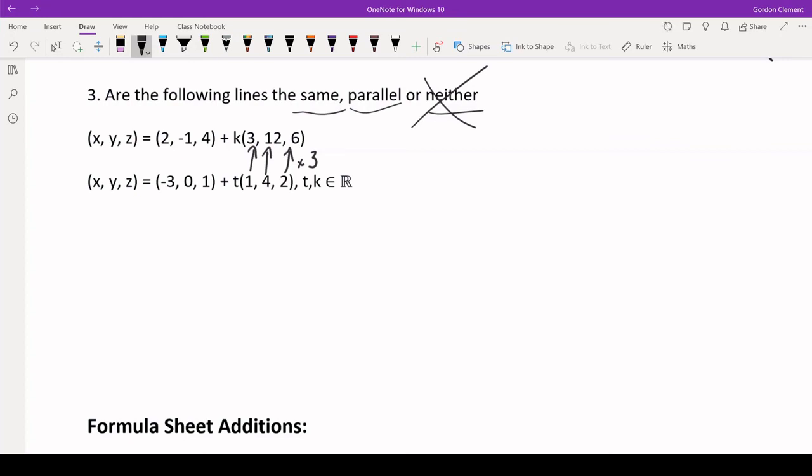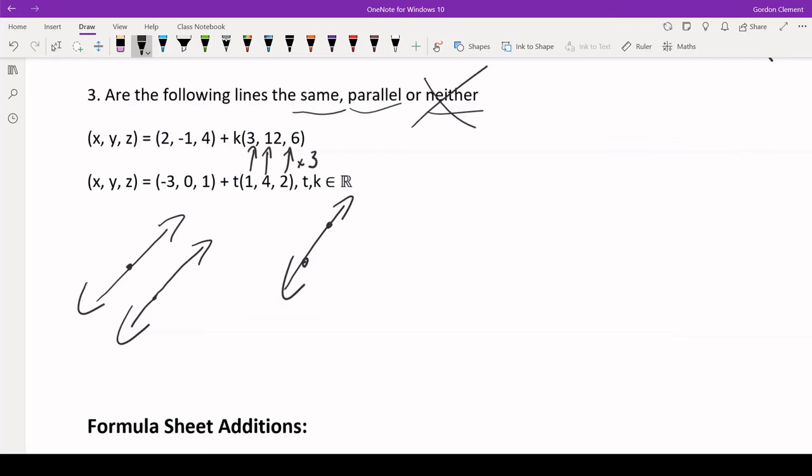So our two options are, I'm starting at this point and heading this direction on this line. The other line, it could be a different point, and I'm heading in that direction, so on a different line. So they might be parallel, or they might, in fact, be the exact same line drawn on top of each other.